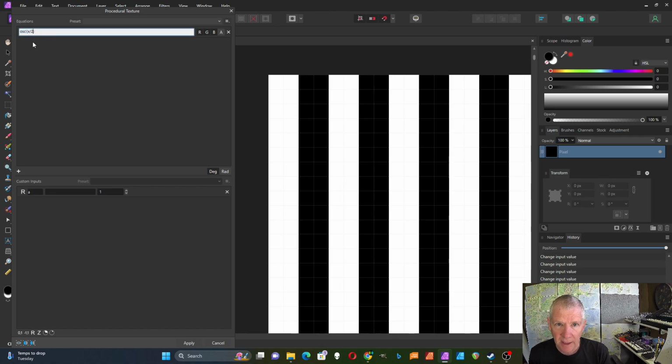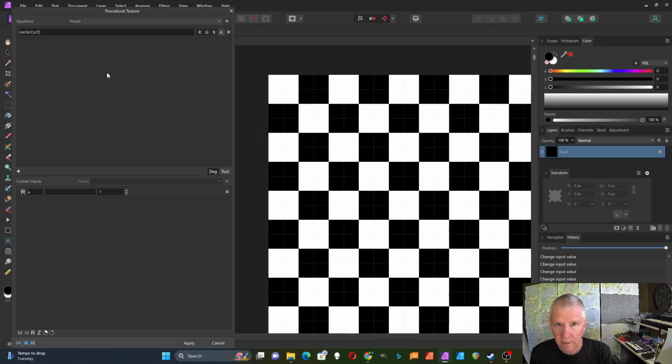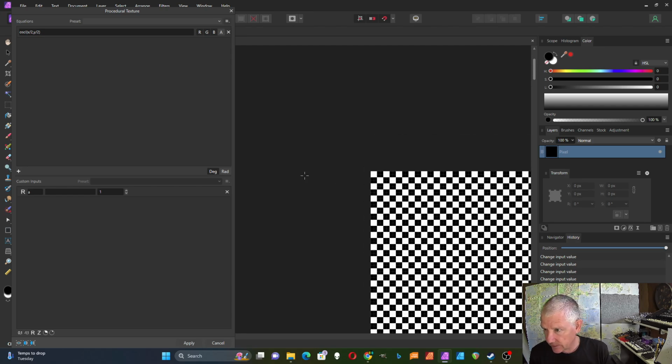I could add a y component over here, and the y is going every other one in y. And now if I divide that by 2, I have my checkerboard again. Now this is pretty small.